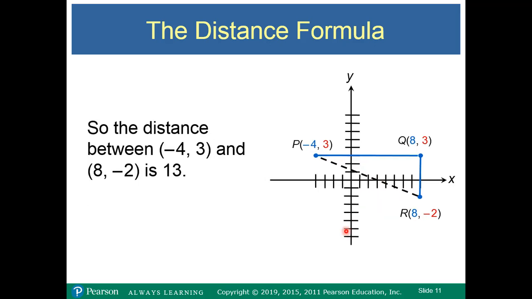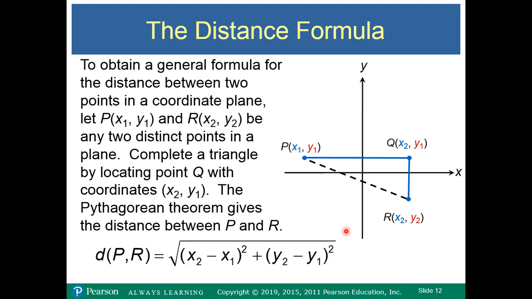Now, in general, to obtain the general formula, we just use x1, y1 for point 1 and x2, y2 for the other point. And for this point here, we use x2, which is this one, and then y1.